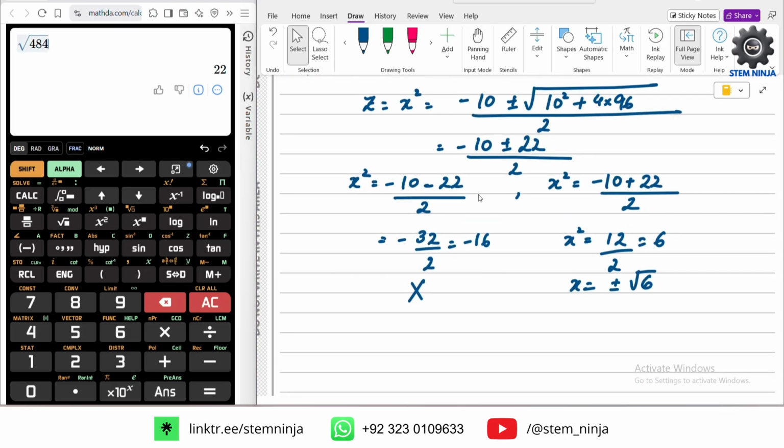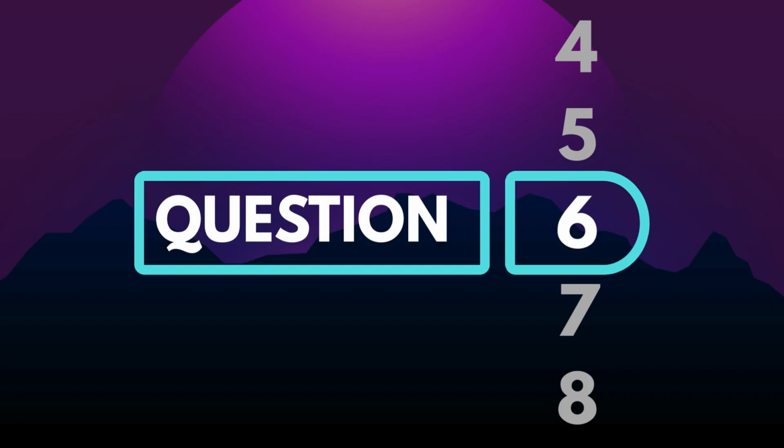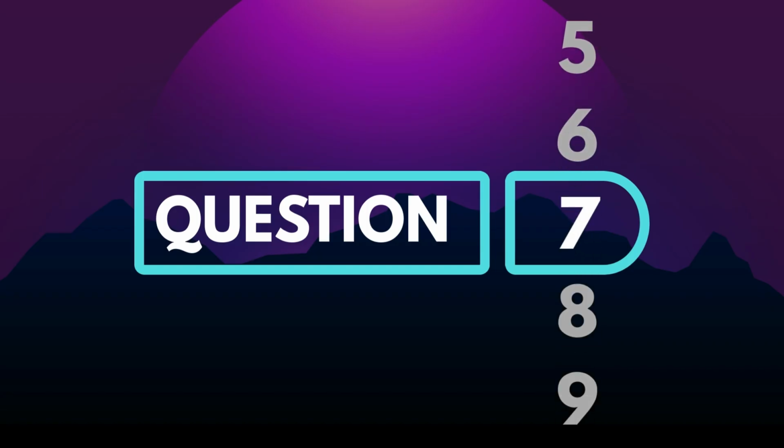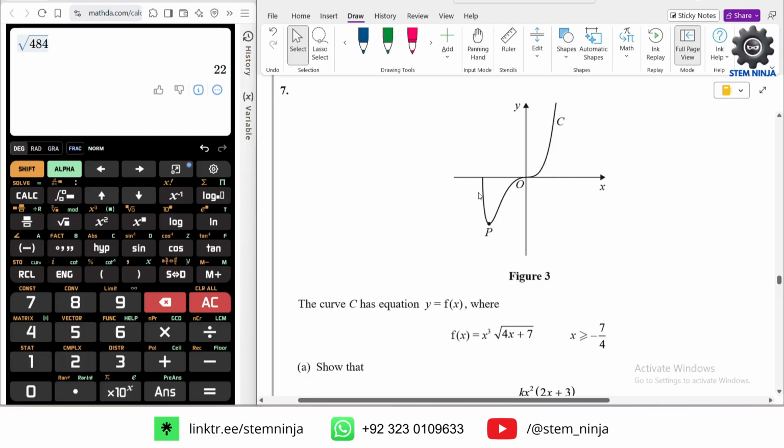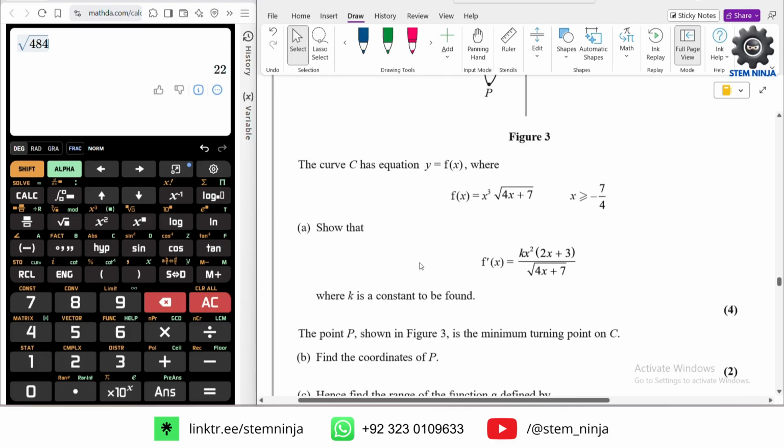Alright, so let's move on to the next question. Question number 7. The curve C has equation y equals f of x, where f of x is x cubed times the square root of 4x plus 7. Show that f prime of x is this.